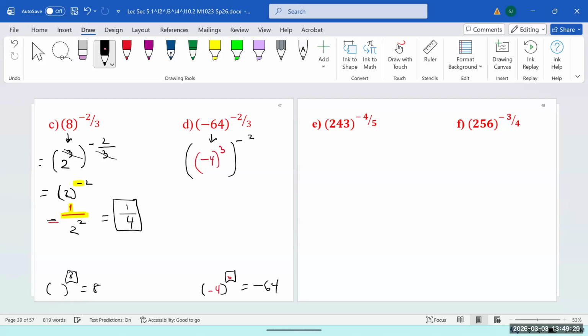And we have outside, cancel out the 3. -4 inside the parentheses. 1 over -4 squared gives us 1/16. Perfect.